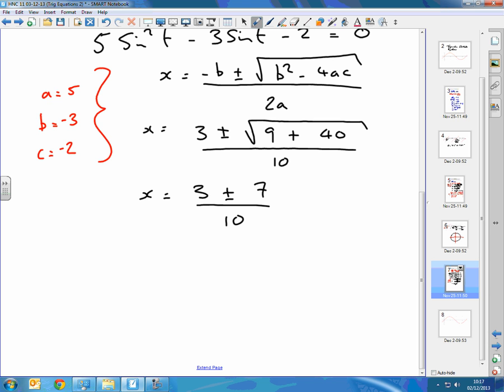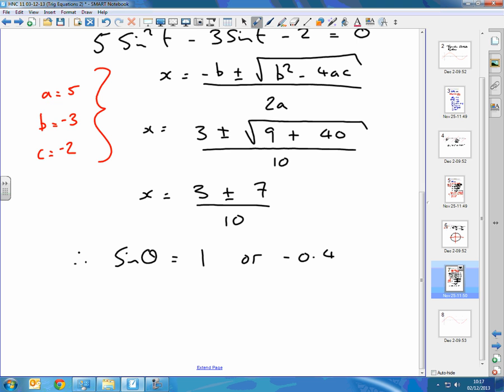So x equals, remember what x is, sine theta. So therefore, sine theta equals 3 plus 7, which is 10 over 10, which is 1, or 3 minus 7 is minus 4 over 10, minus 0.4.